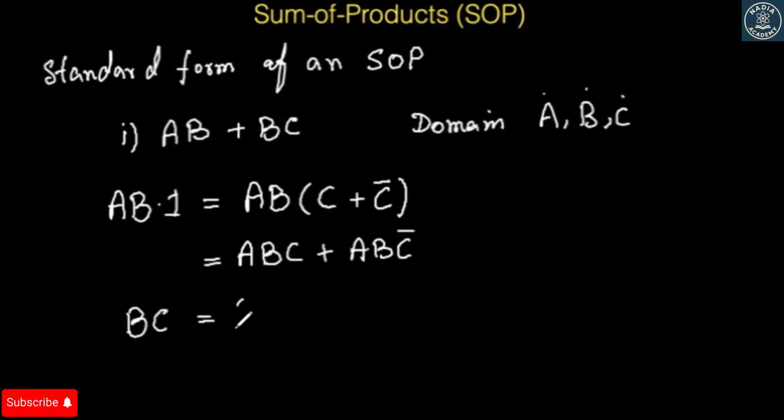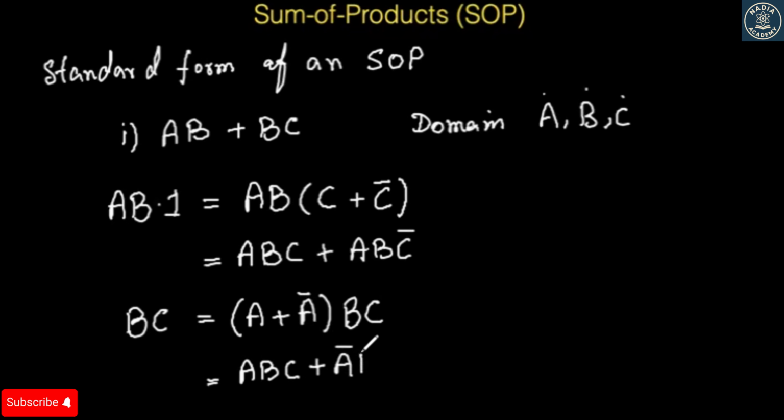And similarly, in the second term, we have, for example, BC. Now we need to multiply it with A plus A bar, which is equal to 1, so it would not change your expression, times the product of B and C. So then here we are going to get ABC plus A bar BC.